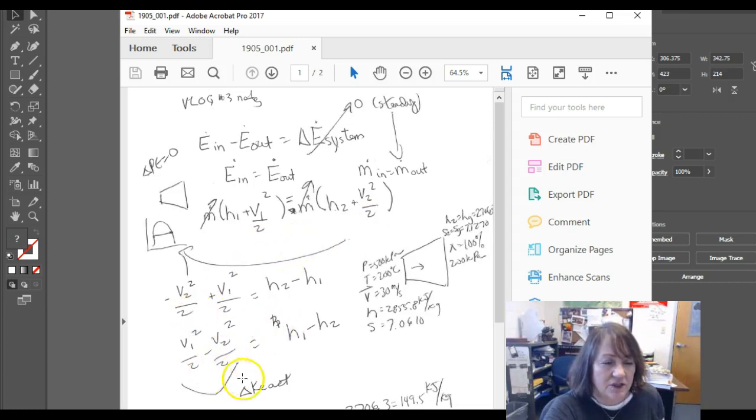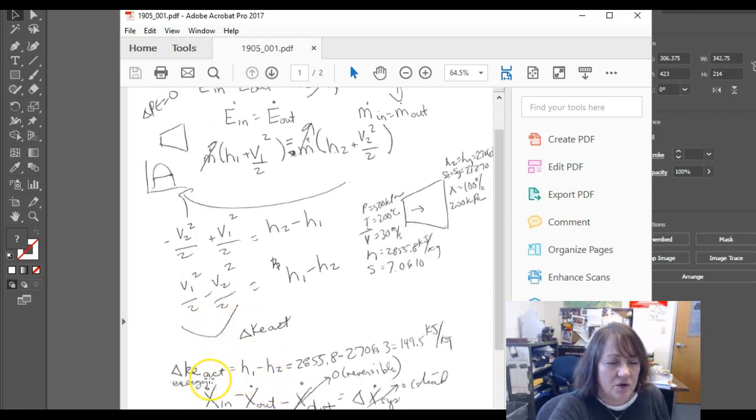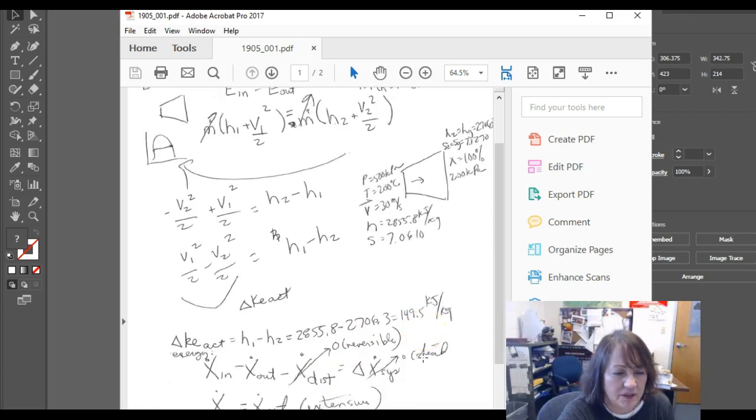So we rearrange, and we can come out with a difference in kinetic energy. Actual is what we're looking for, and that would be per unit mass. Turns out that this is actually the negative, so the change in kinetic energy actual is going to equal the reverse of this, or 149.5 kilojoules per kilogram.